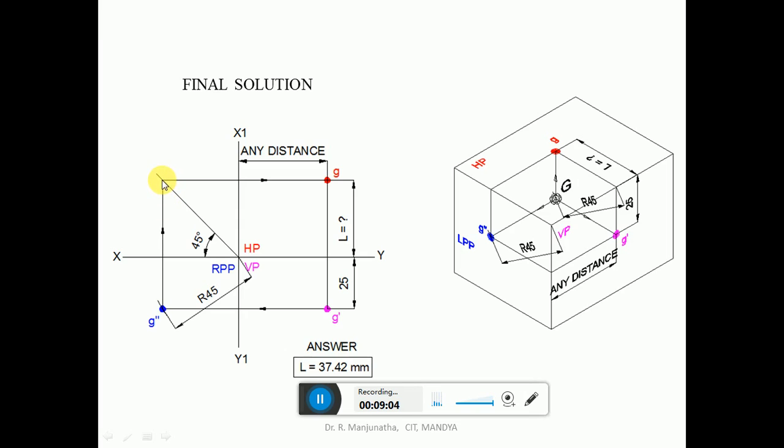Then you project from the 45 degree line to the top view, where it intersects the projector drawn from the front view to the top view, so that this intersection point is the top view, which you write as small g. Then by using the scale, you measure the distance from this point to small g, which will be capital L, which needs to be found out. So here the answer is L is equal to 37 mm when you are doing it manually.